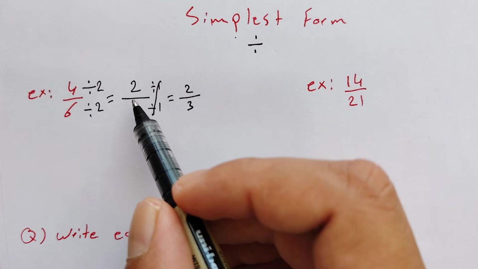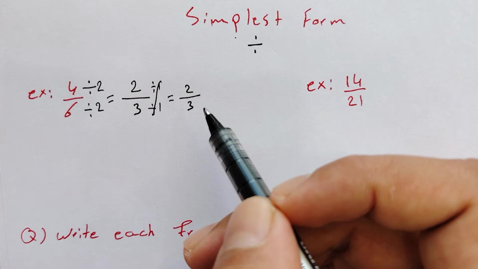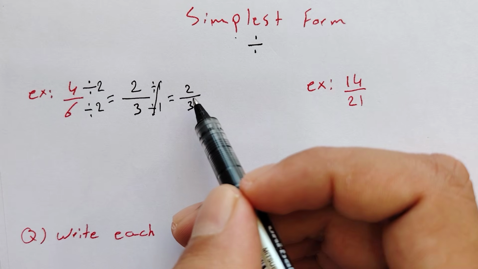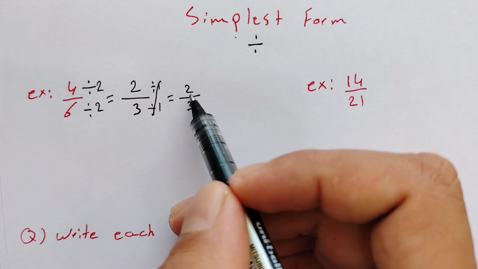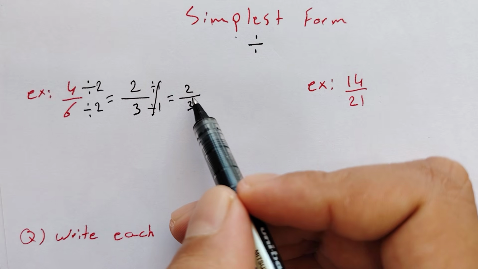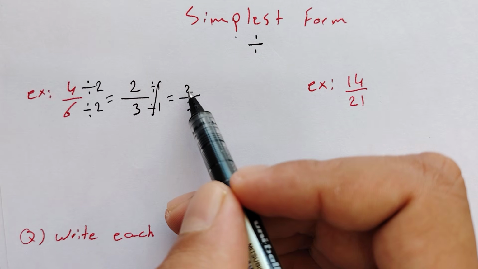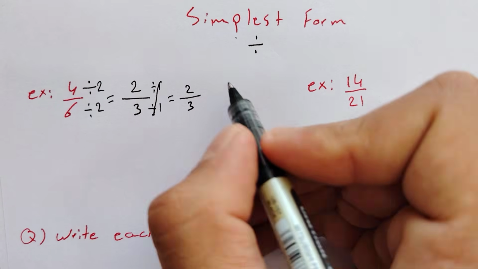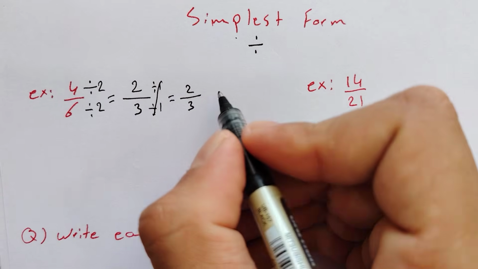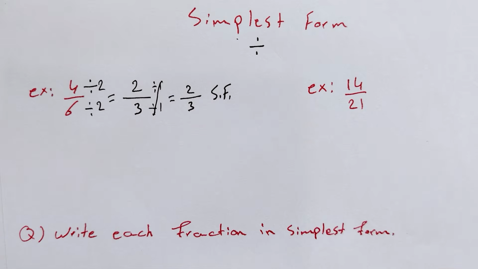Do I have any other number that I can divide both 2 and 3 by? Can I divide them by 2? I can divide 2 by 2, but I cannot divide 3 by 2. Can I divide them by 3? I can divide 3 by 3, but I cannot divide 2 by 3. So when we don't have any more division, we say this fraction is in the simplest form.